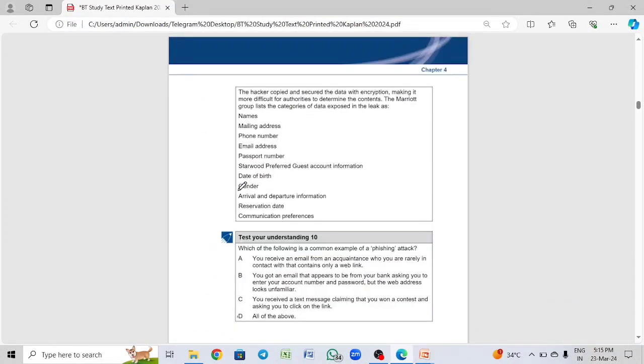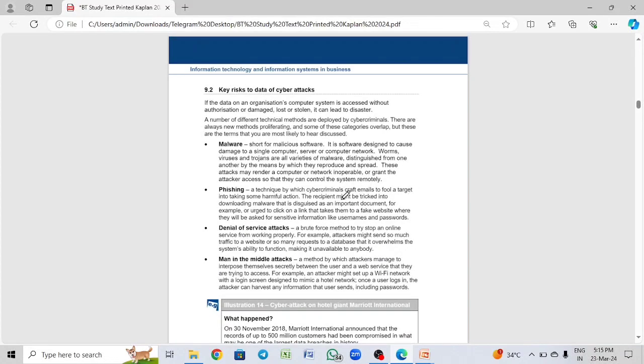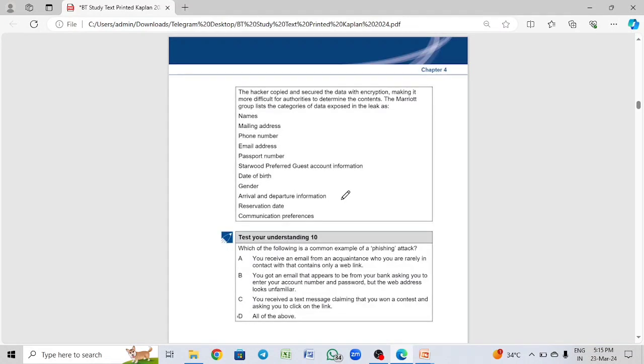Test your understanding number 10 says, which of the following is not an example of a phishing attack? Phishing attacks, like we studied, are the criminal websites, the emails that we receive, or the messages and links we receive.